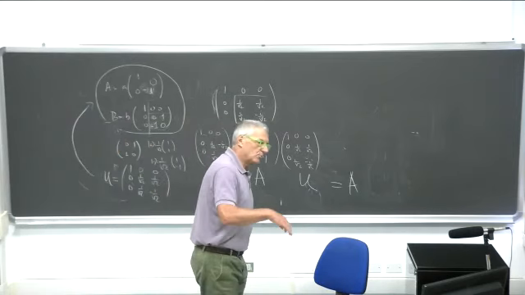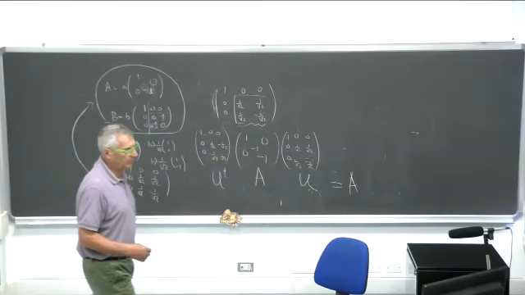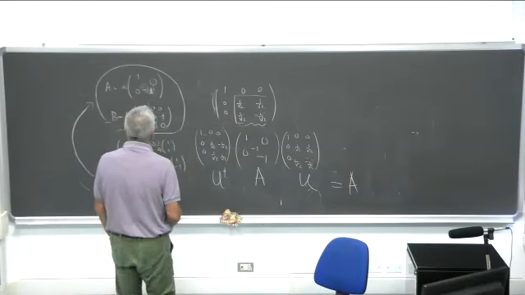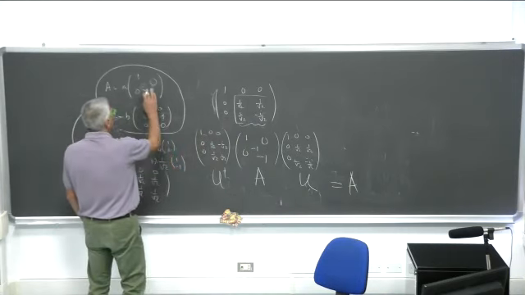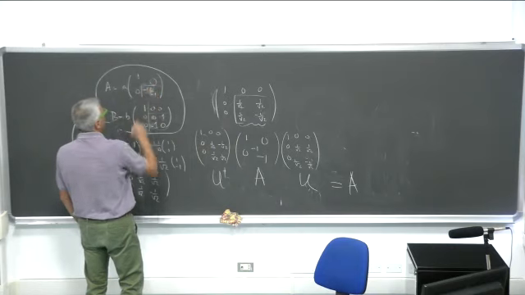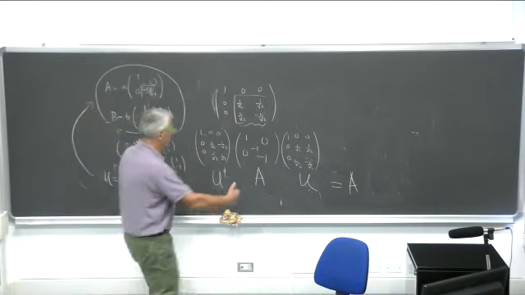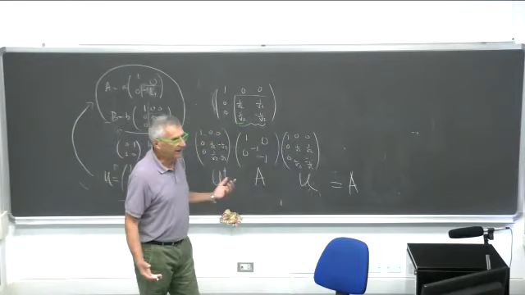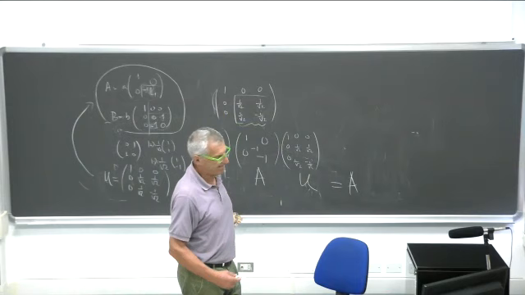So this is the general argument that I discussed the other time, applied to this particular case. The point is that this block here is just proportional to the identity, it is minus the identity. So whatever you do, when you conjugate, it doesn't change A. A remains the same.